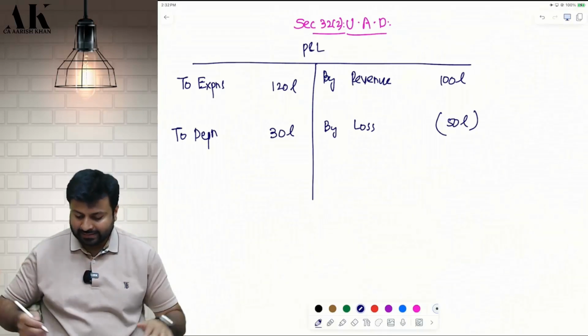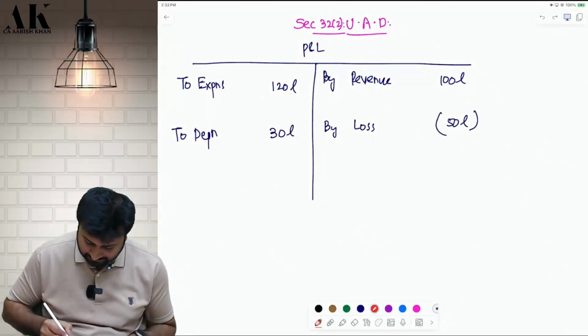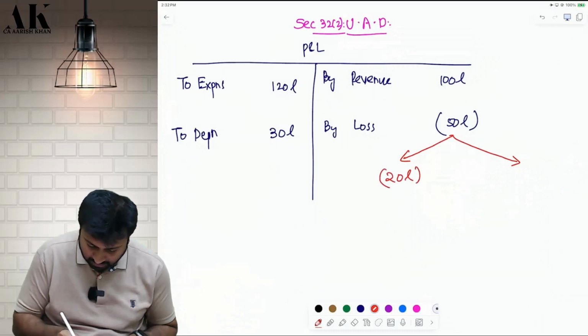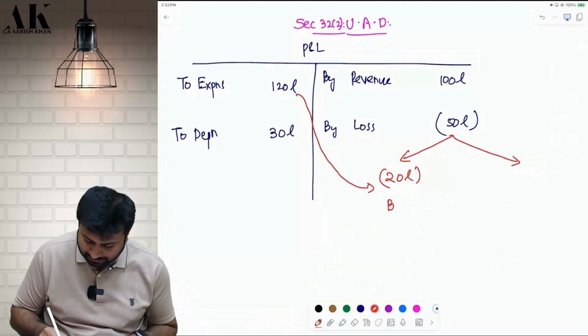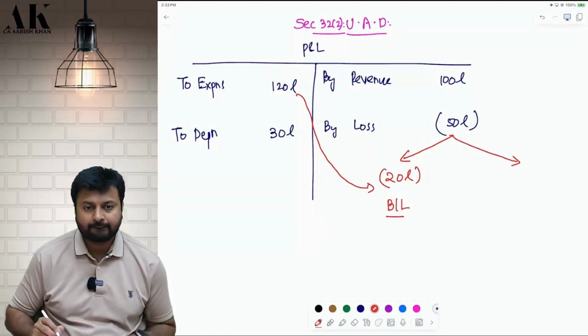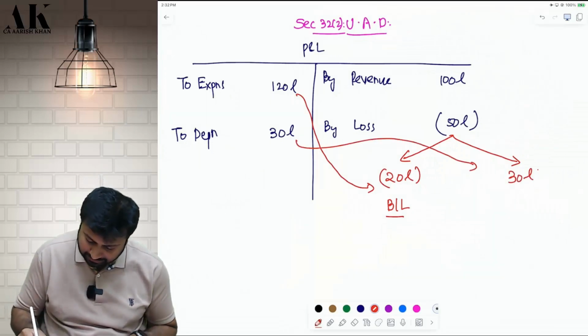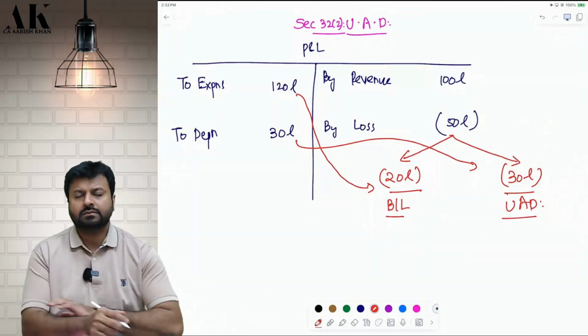So now the tax is segregating that into two parts. 20 lakh loss is because of expenses, and this loss will be called a business loss. And 30 lakh loss is because of depreciation, and this loss will be called what? Unabsorbed depreciation. Are you clear or not?